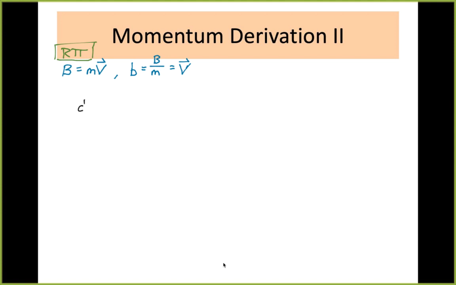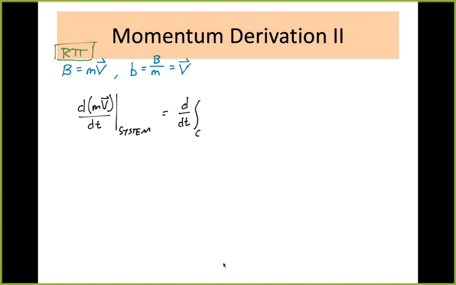So if we plug this into our Reynolds transport theorem, this left-hand side integrated over the system equals, this first term is the accumulation of B within the control volume.